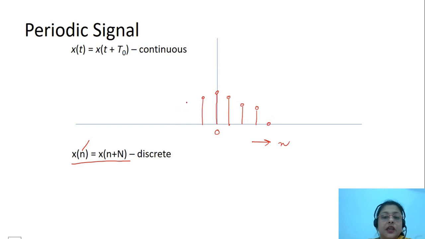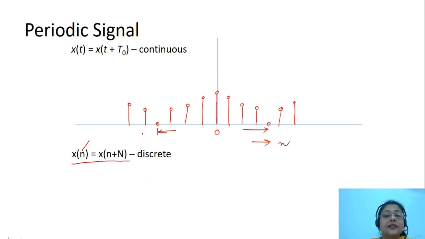So you will see the signal will be repeating itself. Again you see it starts. So from here to here, the signal has repeated itself. Again it is starting. So this is an example of discrete periodic signal.